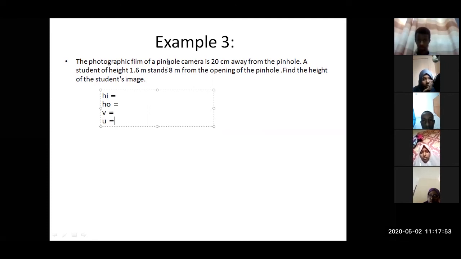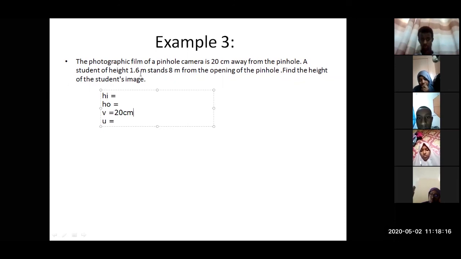So the film is 20 centimeters away from the pinhole. So that is the image distance. For those of you who might have confused, we are being given 20 centimeters. So that's the image distance.